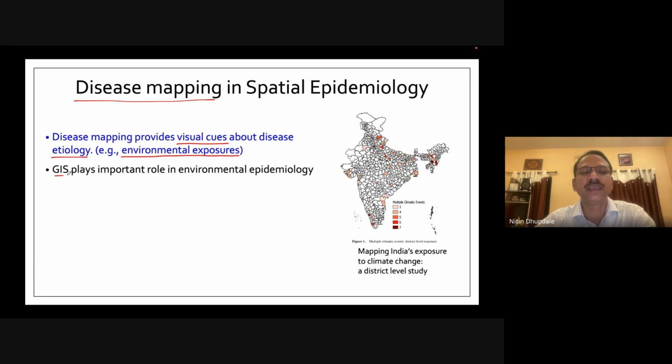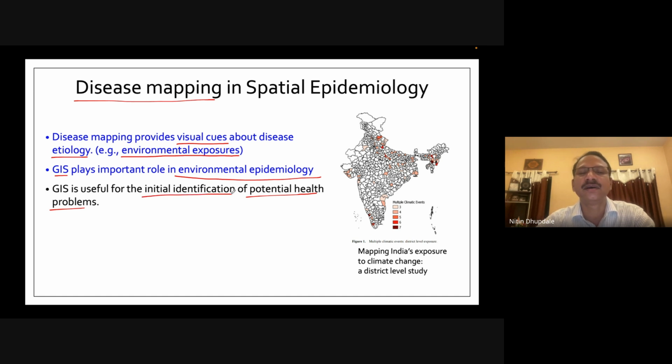So GIS plays an important role in environmental epidemiology. So does it play an important role in spatial epidemiology? So it helps in identification of the potential health problem. Okay, so initial identification of the potential health problem can be obtained by use of GIS in public health.